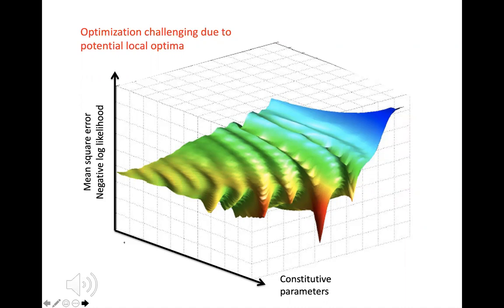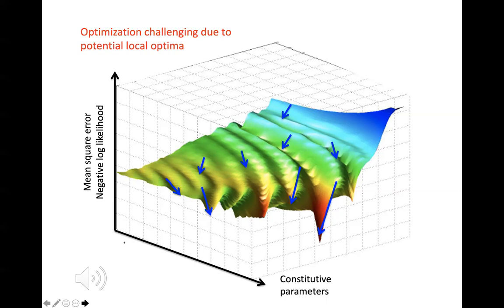So for illustration purposes, you see two constitutive parameters here on the horizontal axis, and our mean square objective function is shown on the vertical axis. We now want to use an iterative optimization technique. This is illustrated here, and this could be conjugate gradients or quasi-Newton with multiple restarts, or some global optimization algorithm.